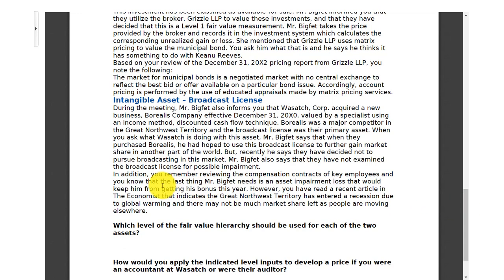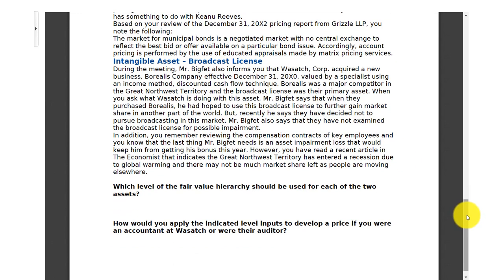And to do that, this means that it is level 3, because it would be completely internal. There's no other license exactly like this or even similar that we could use. We are using level 3, where we're taking our assumptions, our estimates of future cash flows, and applying interest rate, present value techniques to get the value and to test for impairment.